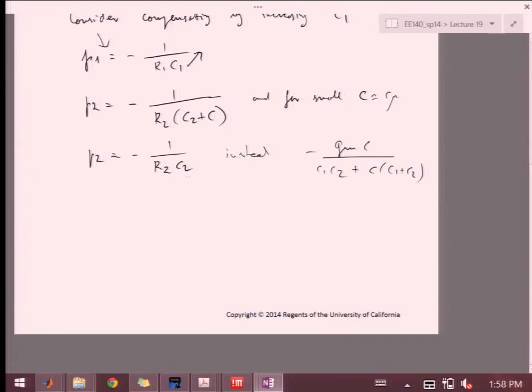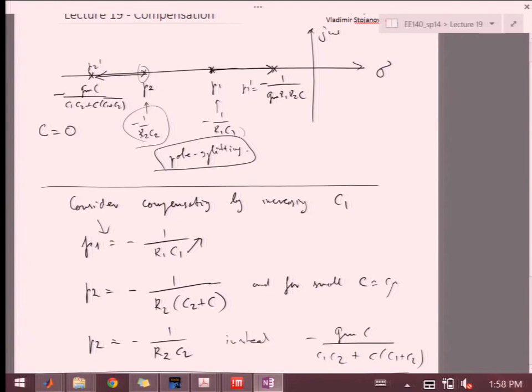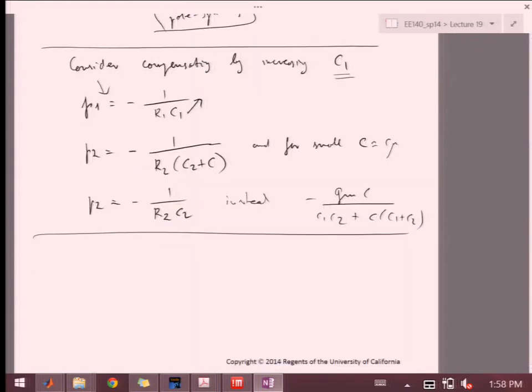So now that you have by how much each shifts, both in the case where you load it with C1 or you load it with C, now you can go back and do the same compensation trick. Say, okay, well, my P1 prime really wants to be P2 over A0F. So this is the case where C1 increases.